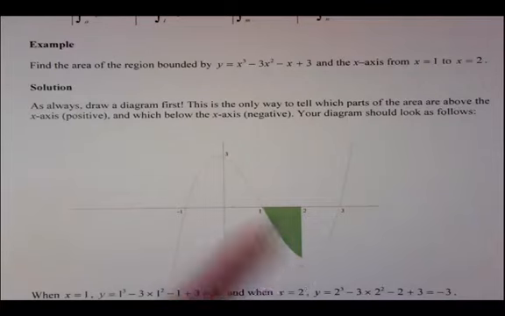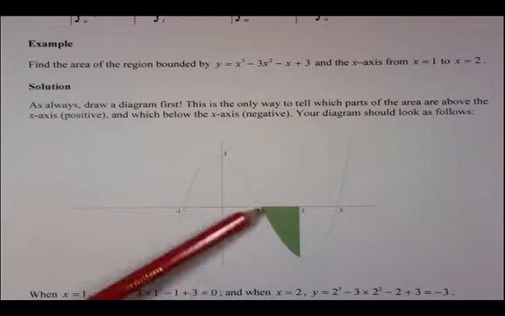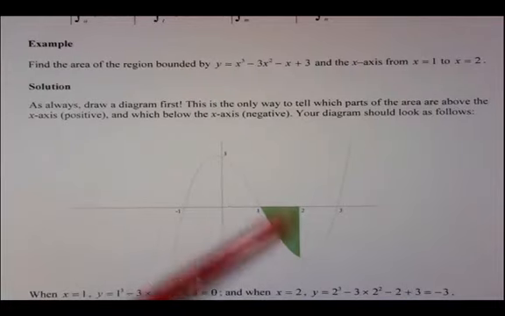You need to check that it doesn't do anything funny from there to there. The curve might go up again and down again. You need to check that it doesn't. It's just an exercise in curve sketching.